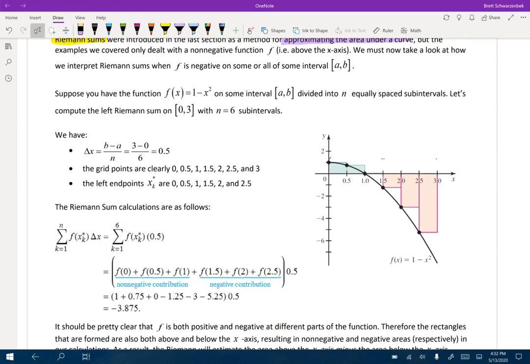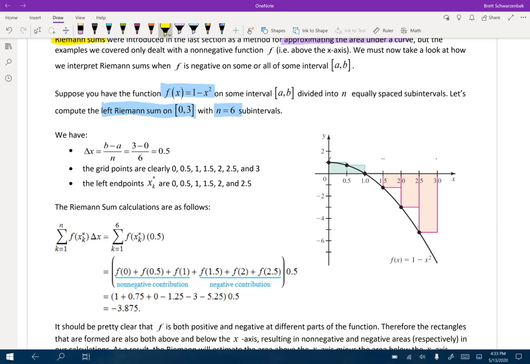So we start with the function f of x equals 1 minus x squared. Suppose we're asked to compute the left Riemann sum on 0, 3 with 6 subintervals, i.e. rectangles. Let's do a brief run through from our previous section.